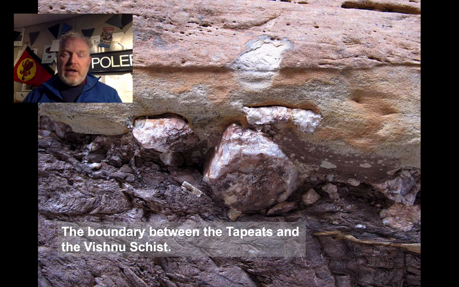These are what we call included fragments. And by the principle of included fragments, we can tell that the Tapeats must be younger than the Vishnu Schist because it's got bits of the Vishnu Schist in the Tapeats. They had to exist before the Tapeats was laid down.